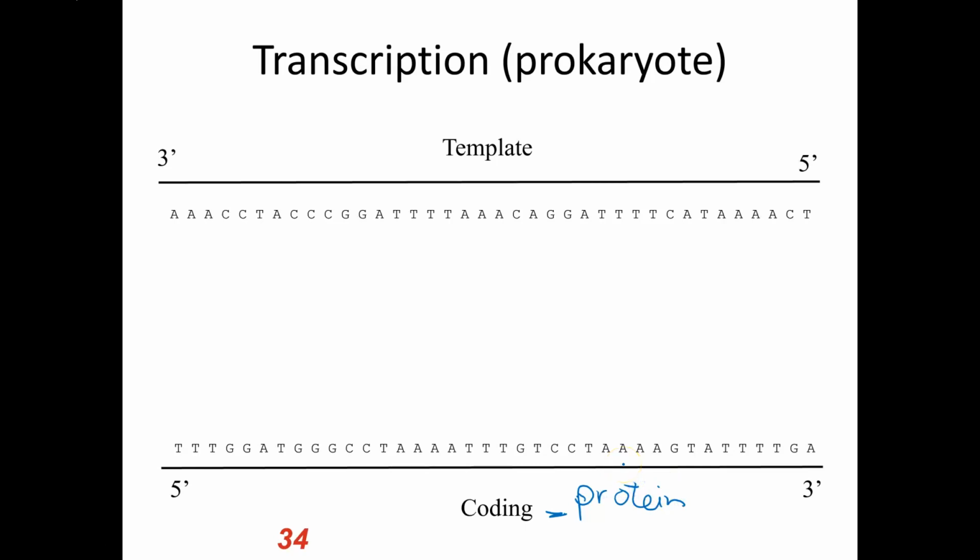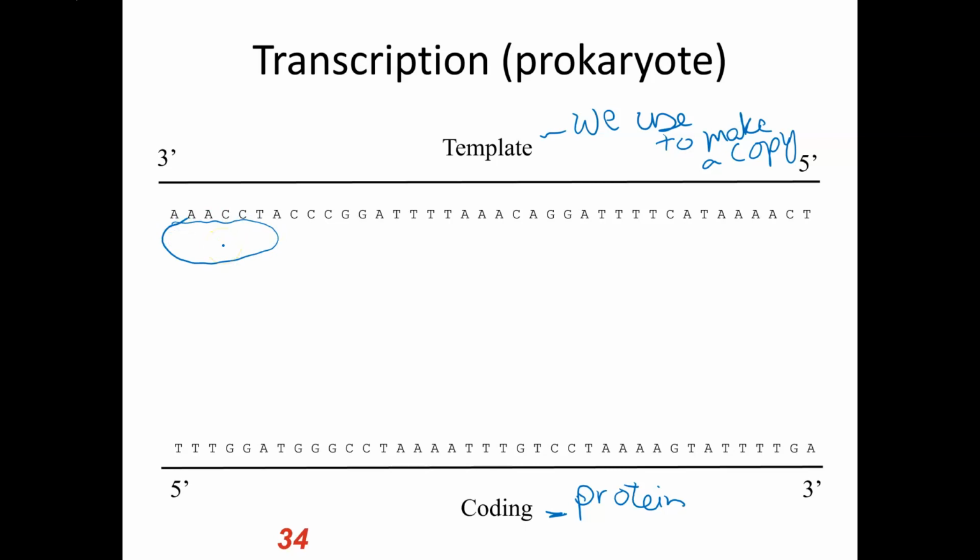We're going to use the template strand to make a copy of the coding strand. Okay, so we use the template strand, and RNA polymerase comes in, it's going to bind.